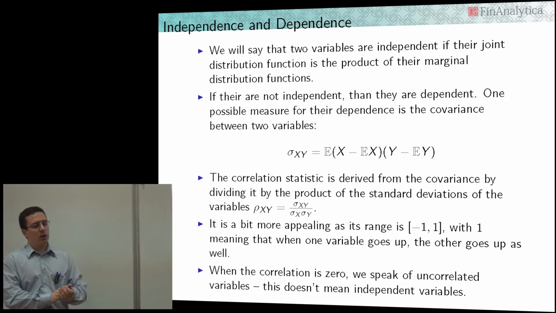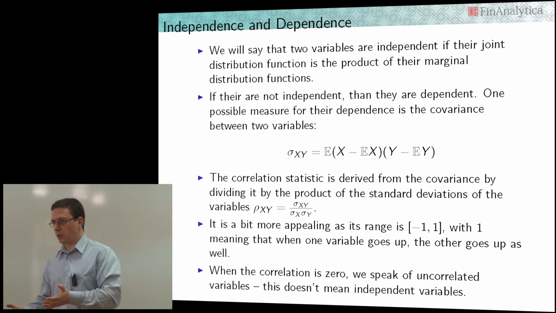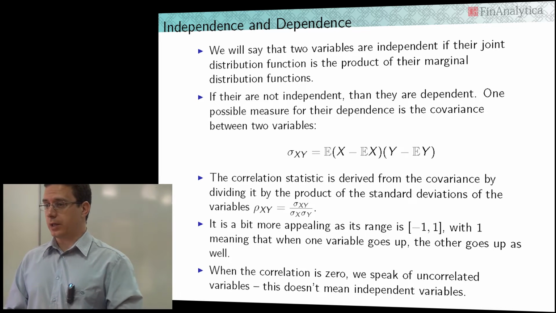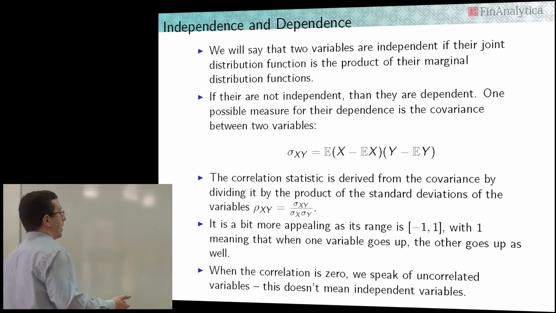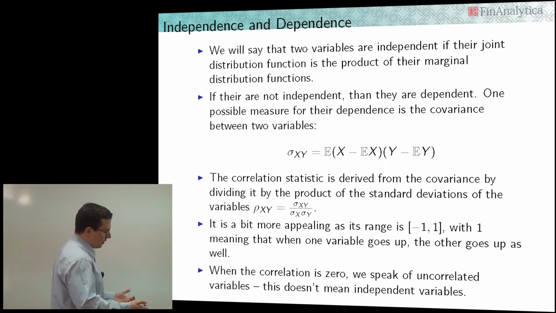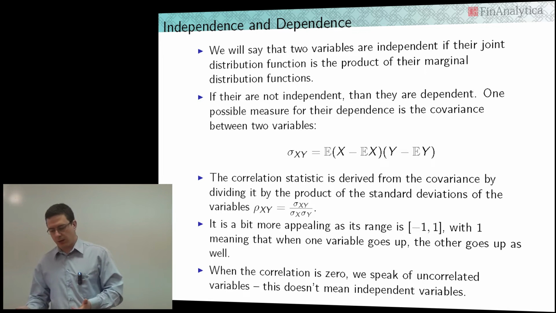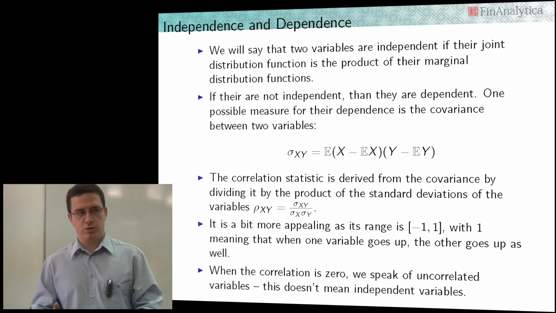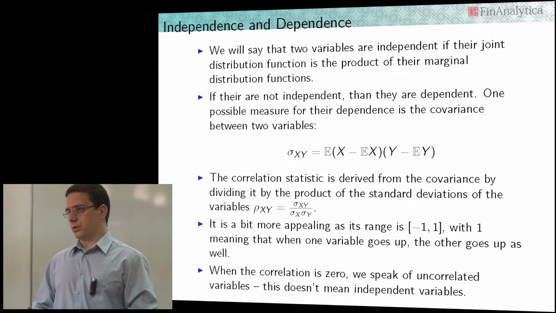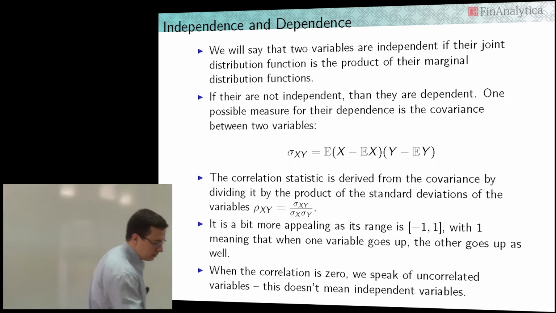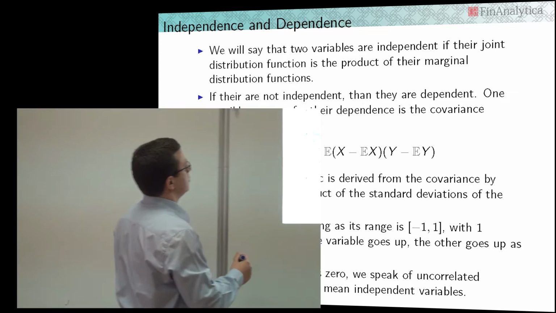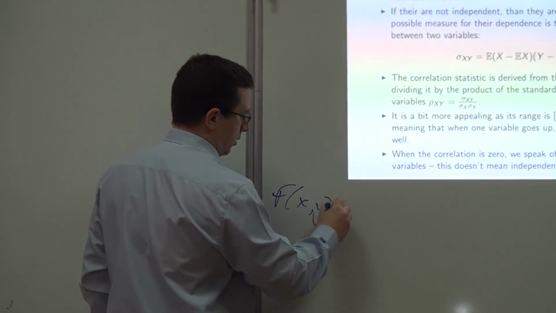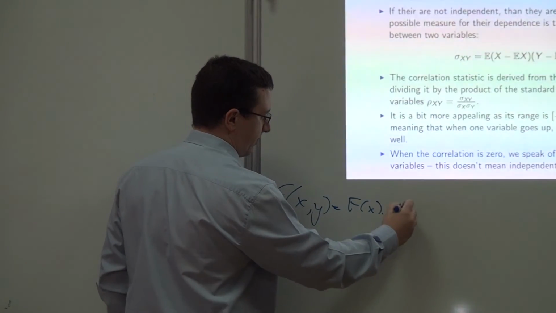Now, when we have two variables, what we'll be most interested in is whether they are dependent or independent. The definition of independence is if we can write the joint probability density function or the joint cumulative distribution function as a product of the marginals. Just to have it here, this would be something like this.